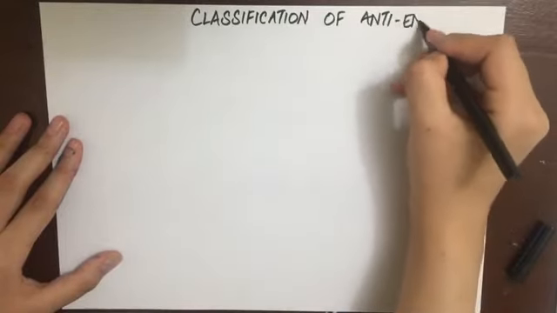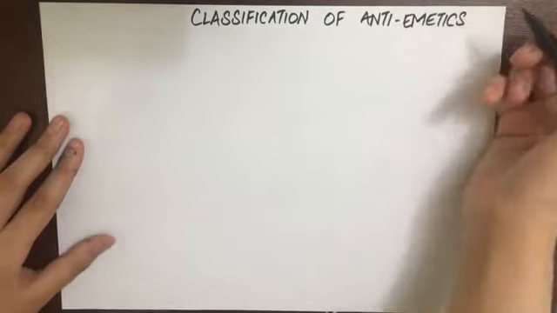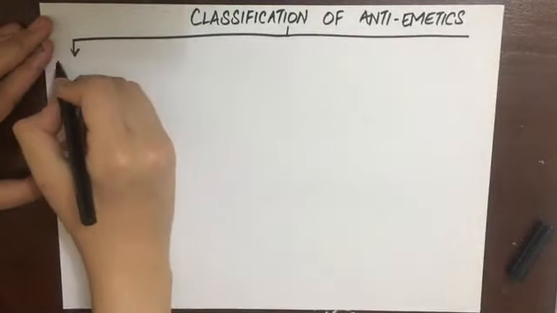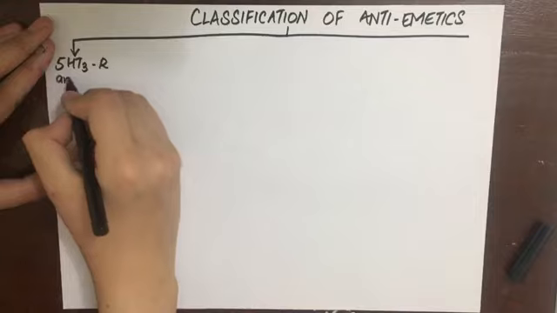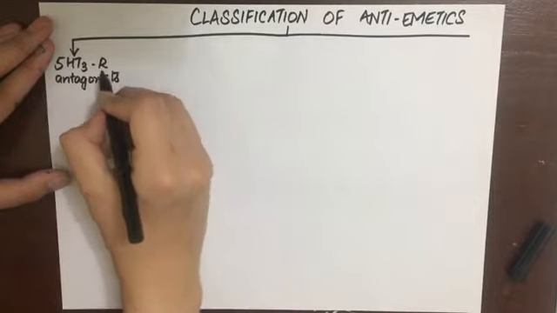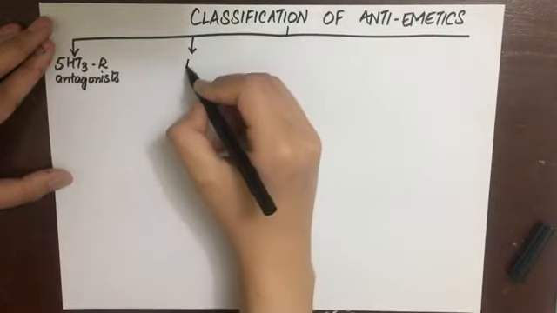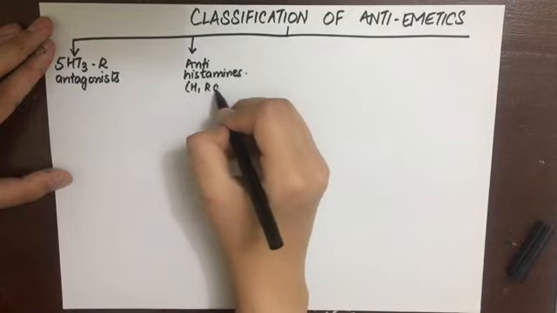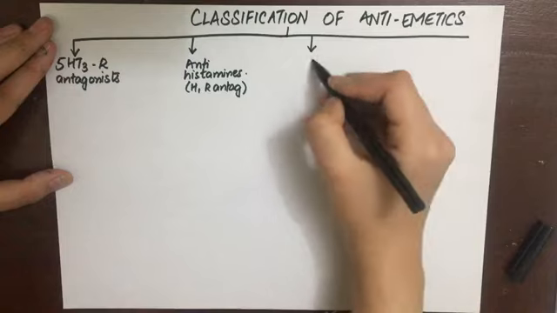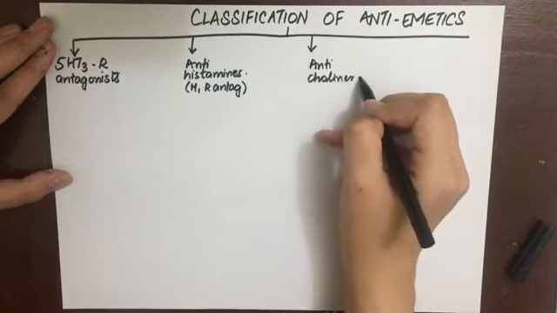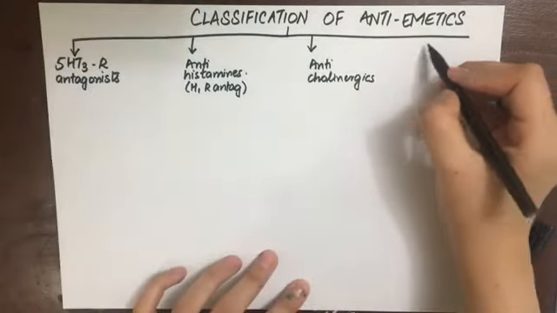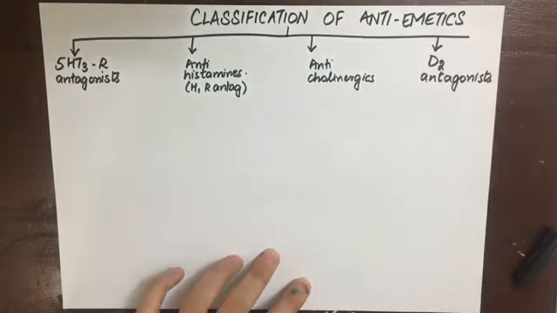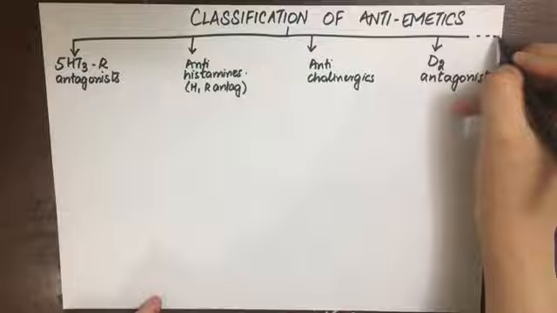Now let's classify the antiemetics. There are basically 8 classes that we will discuss here. Number 1 is the 5-HT3 receptor antagonists. Secondly, antihistamines or H1 antagonists. Anticholinergics. D2 antagonists, also known as antipsychotics or neuroleptics, that are used in schizophrenia, if you remember.